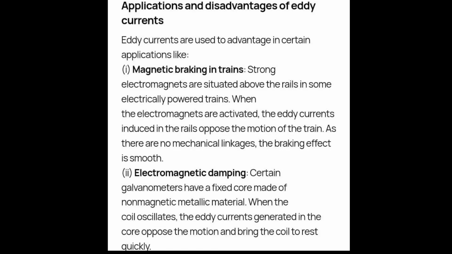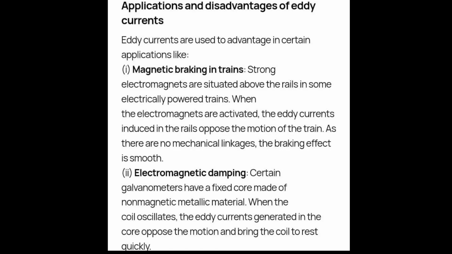Number one is magnetic braking in trains. Strong electromagnets are placed above the rails in some electrically powered trains. When these electromagnets are activated, eddy currents induced in the rails oppose the motion of the train. As there is no mechanical wear, the braking system is very smooth.